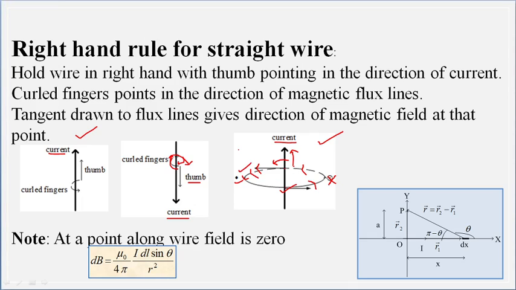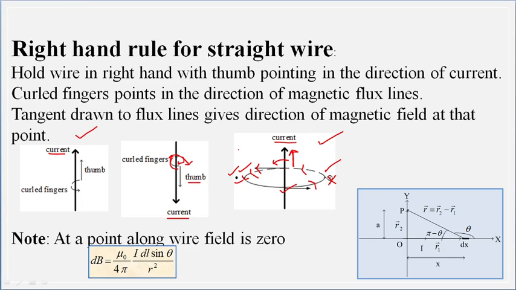That is done by keeping the thumb in the direction of current, and the fingers curl this way. The fingers are pointing inside here, so the direction of magnetic field is perpendicular inside at this point, and here the fingers are coming out, so it is perpendicular pointing out. This is how to find the direction.